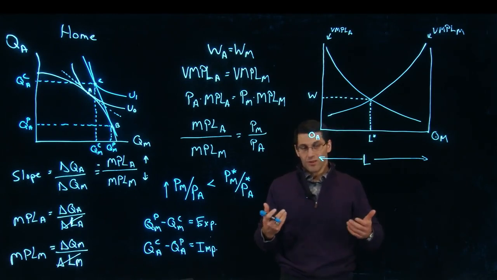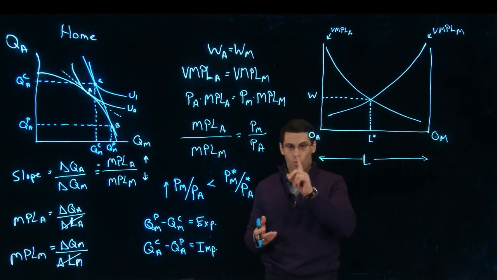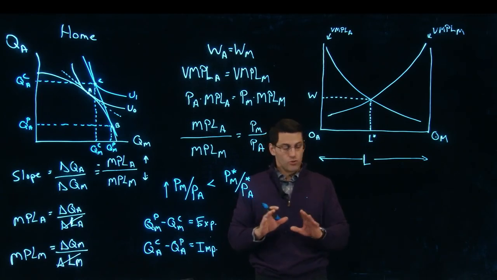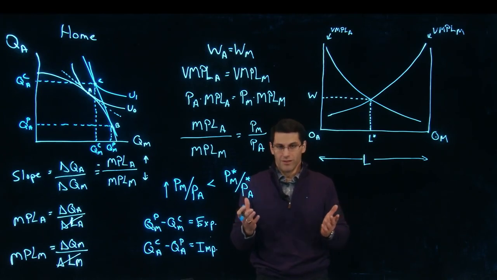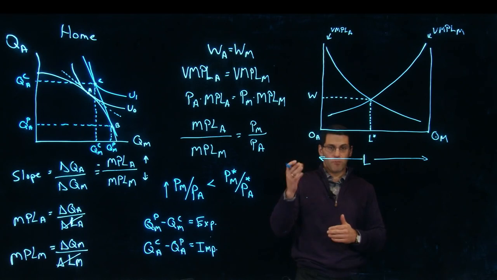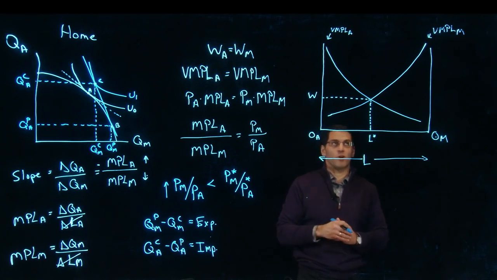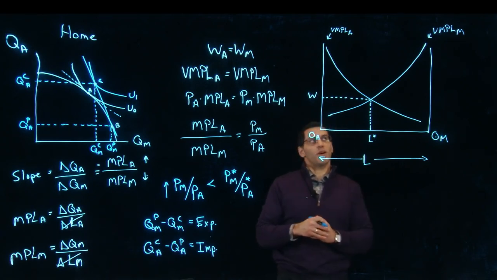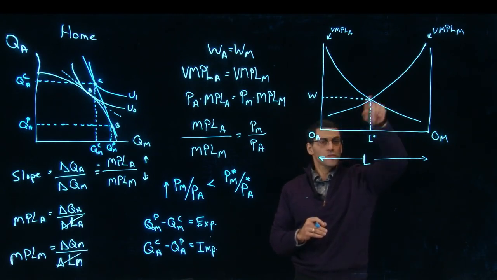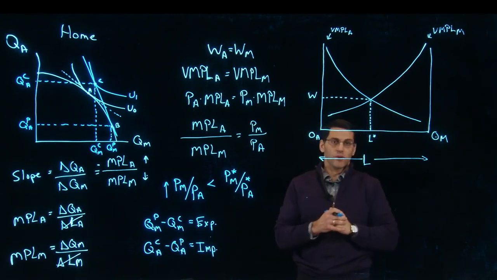In terms of the example and illustrating what's happening, it's a lot simpler if we just choose one of those. Okay? If you do both shifts, you'll get the same conclusions. It's just much more complicated than is necessary. So let's say that the price of manufactured goods goes up. We'll use that part of what happens here. So if the price of manufactured goods goes up, what's going to happen in our graph here?